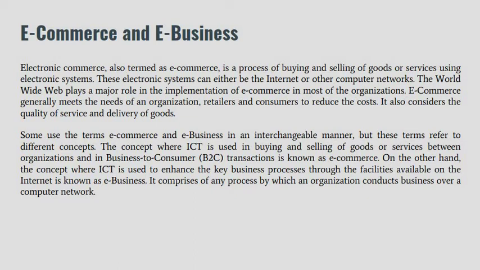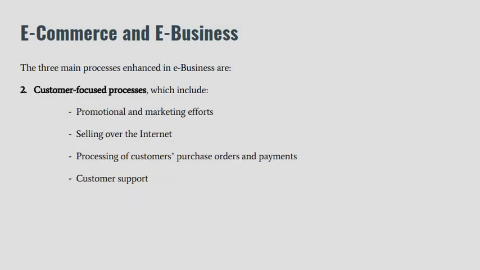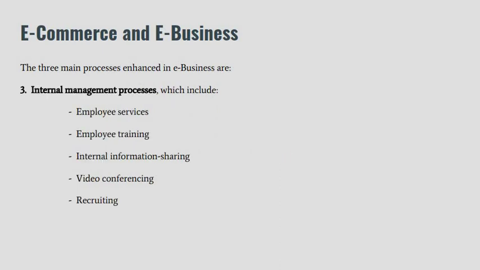Now, the next topic is basically about the processes of an organization, right, which deals with e-business. So in the next slide, we are going to have a clear view of what these processes used in e-business are. The three main processes that we have are production processes, customer focused processes, and internal management processes.